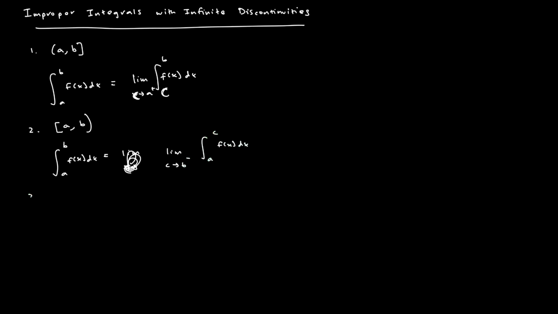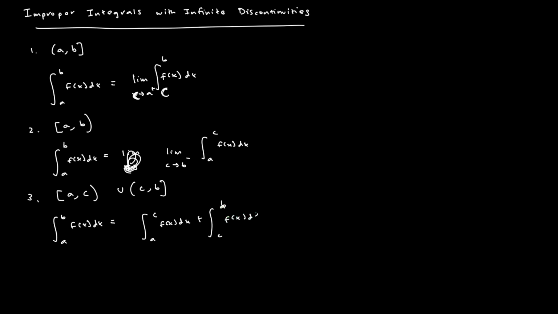The last one is if we are defined on the interval from a to c, where c is non-inclusive, and then from c to b, where b is inclusive and c is still not inclusive. So we still want to find the integral from a to b, but we have a discontinuity in the middle of our domain. When we want to find that integral, it's the same as finding the integral from a to c of f of x dx plus the integral from c to b of f of x dx.